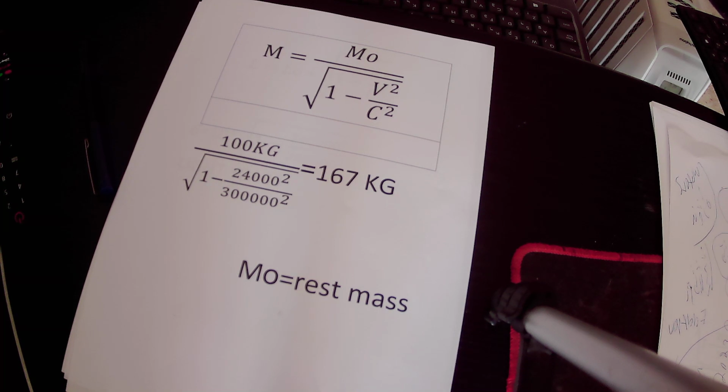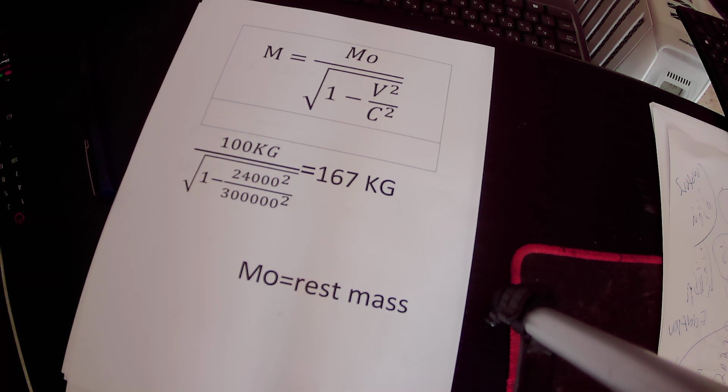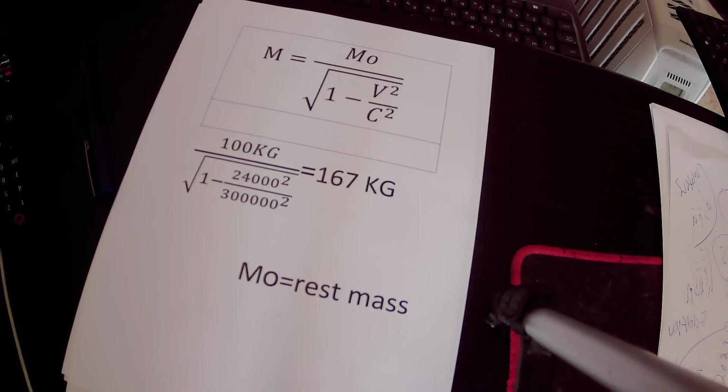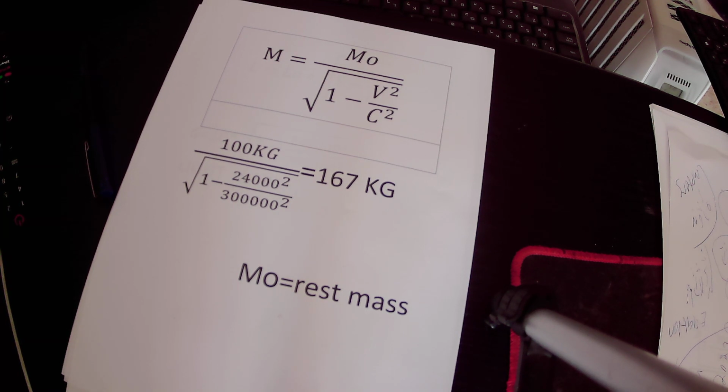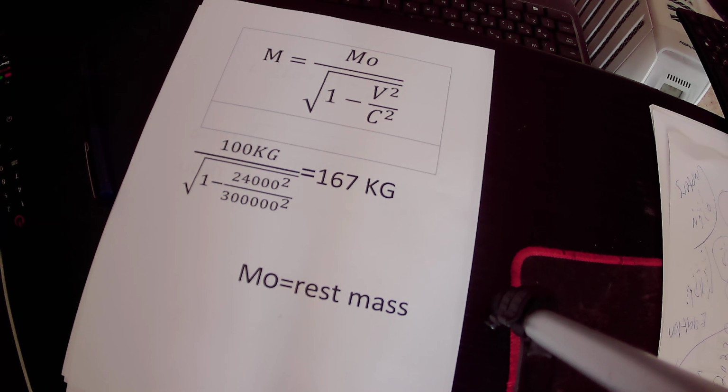When he moves in the spaceship at the speed of 80% of the speed of light, that is 240,000 kilometers per second, according to the mass increase equation of special relativity, his mass in space will be about 167 kilograms, but he will not feel it.